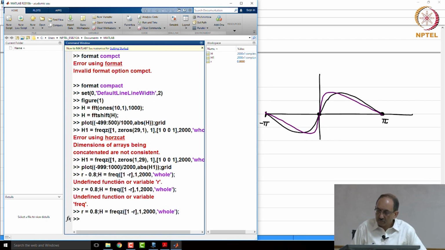All right. Now, phase response 1 is the angle of the frequency response. Remember, frequency response is complex. I am using MATLAB's angle command to get the phase.